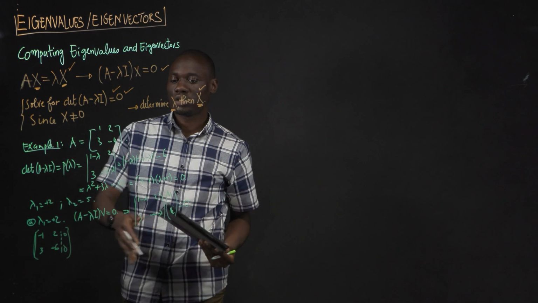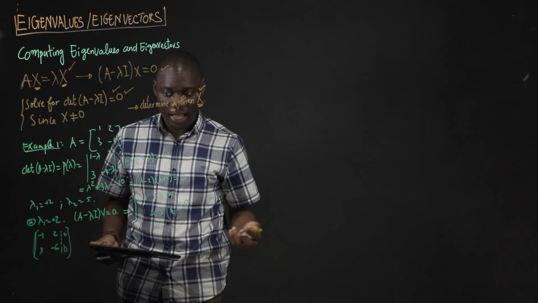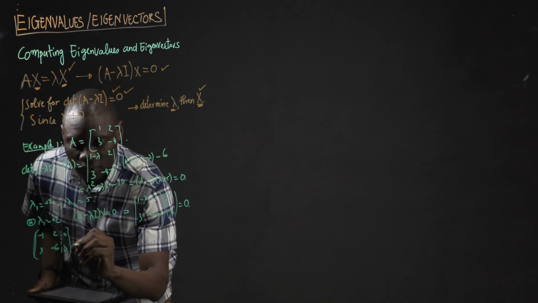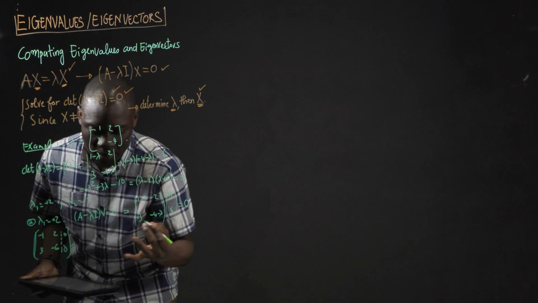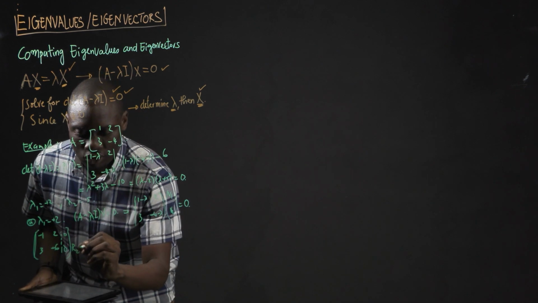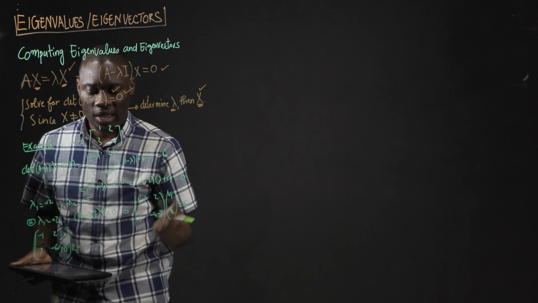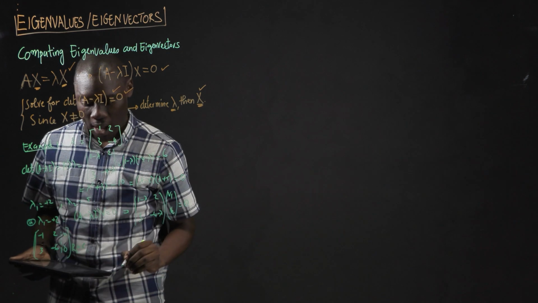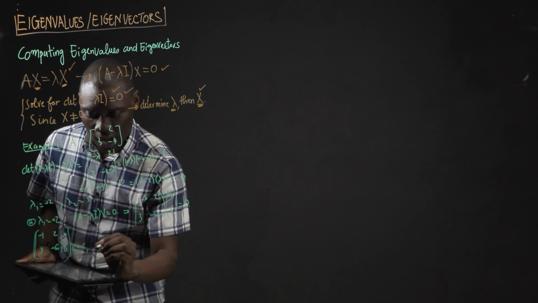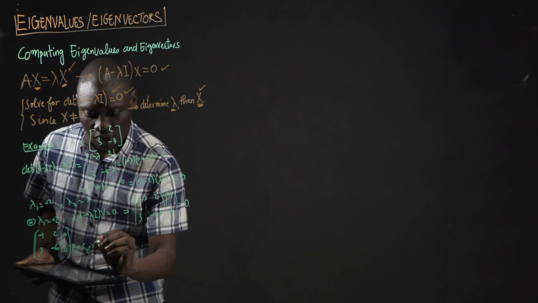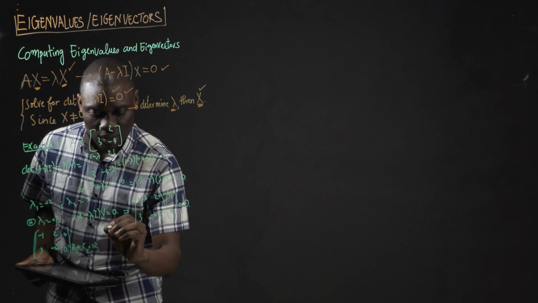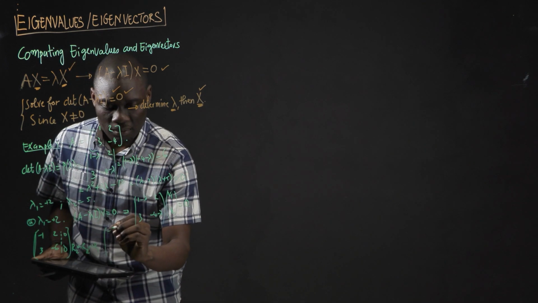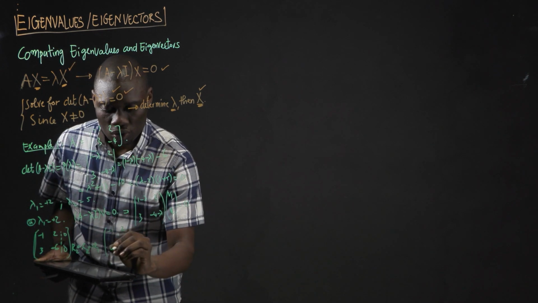Now if I do the row echelon, the Gauss reduction, I have R2 equals R2 plus 3 R1, which gives [minus 1, 2; 0, 0].